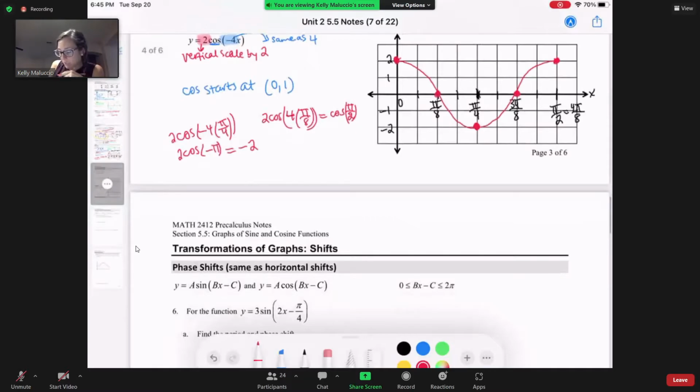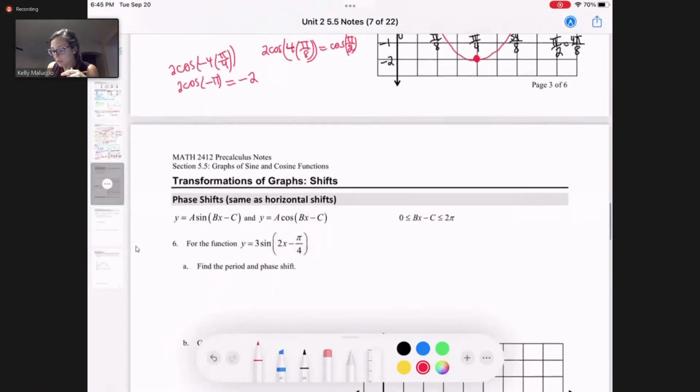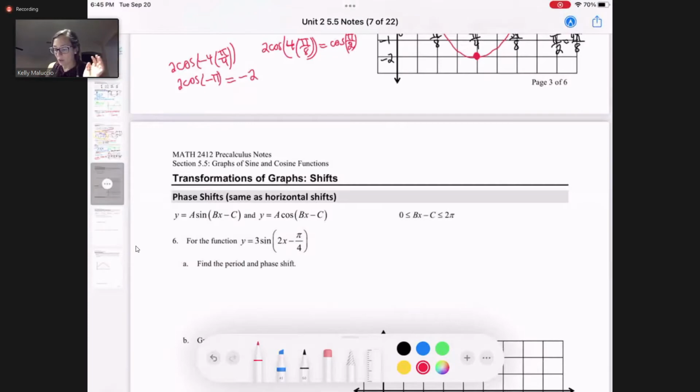Okay, so now we talk about transformations of both sine and cosine with everything involved. When we have a number in front, a number in front of the x, we have minus or plus or some number, right? So now this is looking at y equals a times sine of bx minus c, and y equals a times cosine of bx minus c.